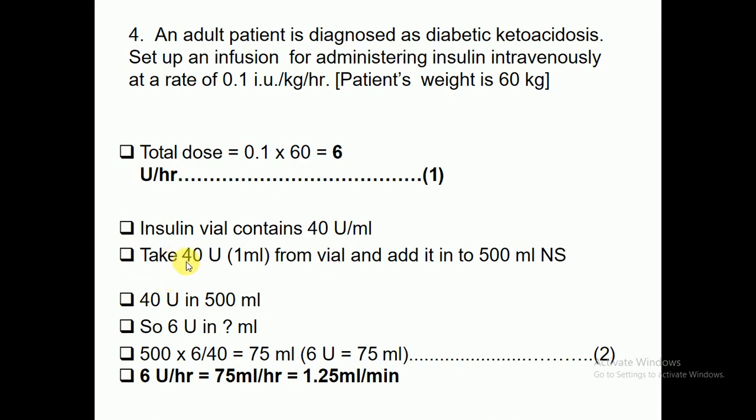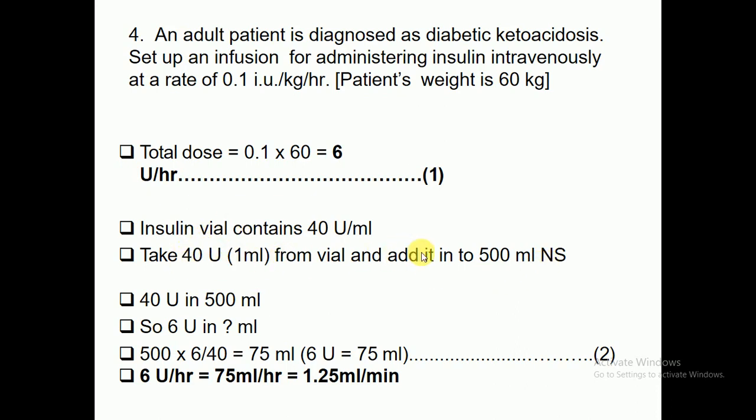Now take the 40 units per ml from the vial and add it into 500 ml normal saline. So this is very simple: take the insulin from the vial and mix it with 500 ml normal saline.